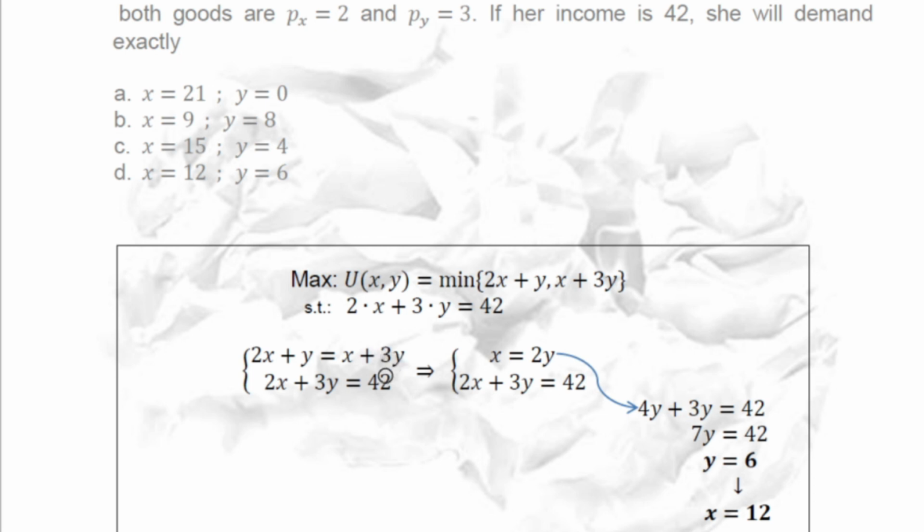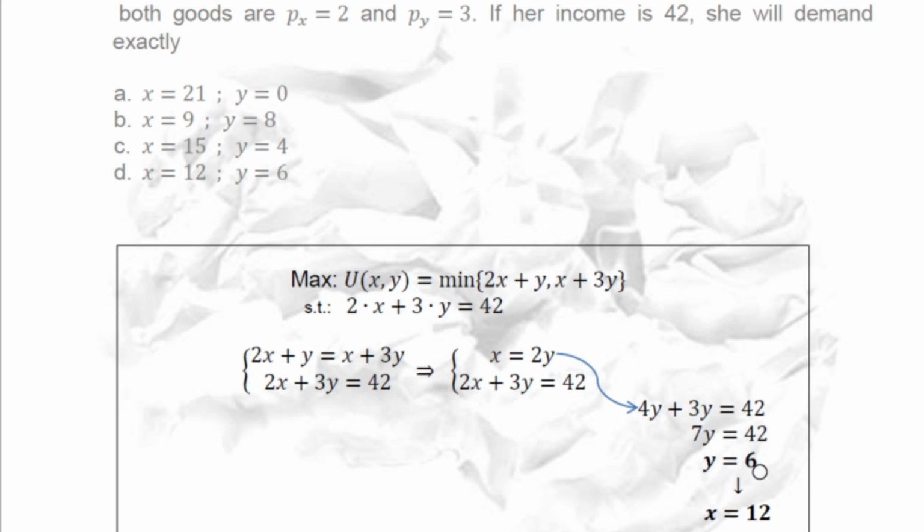From the first equation, we carry x to the left, and we have x, then we carry y to the right-hand side, we have 2y. We carry this into the second equation, and by substituting, we have 2 times 2y, so 4y plus 3y equal to 42. Then y equal to 6.